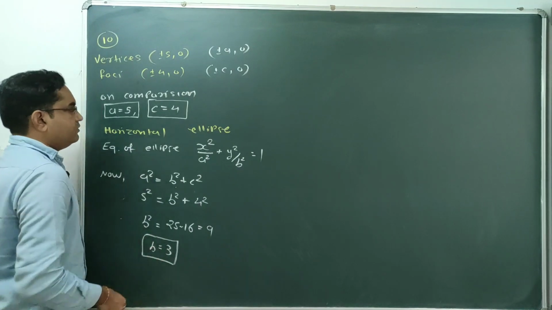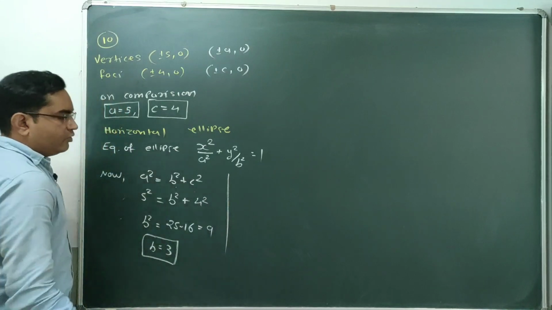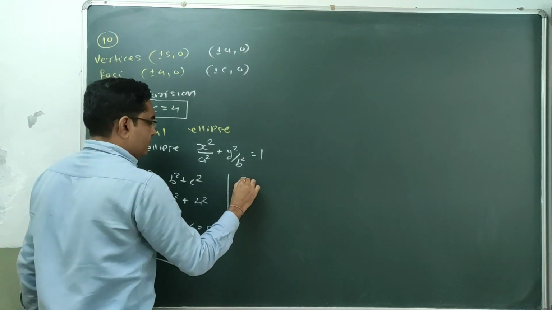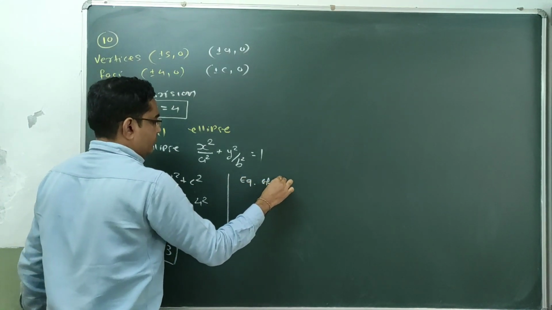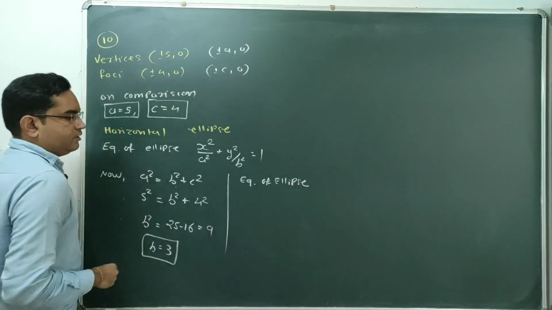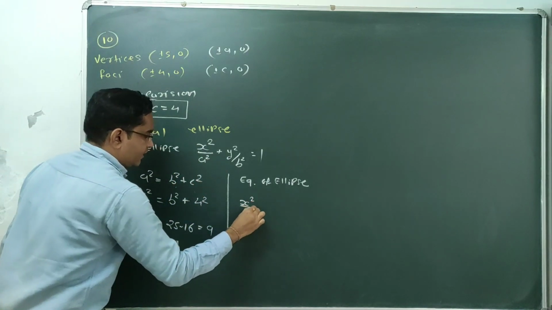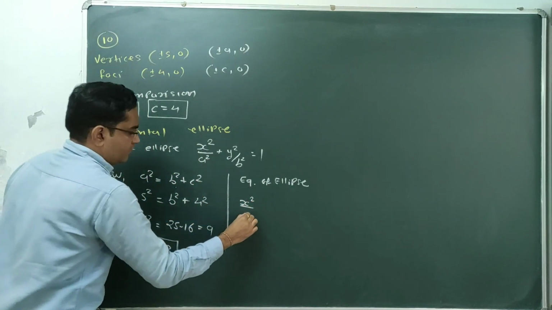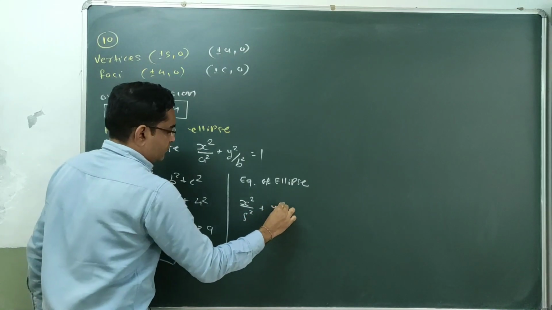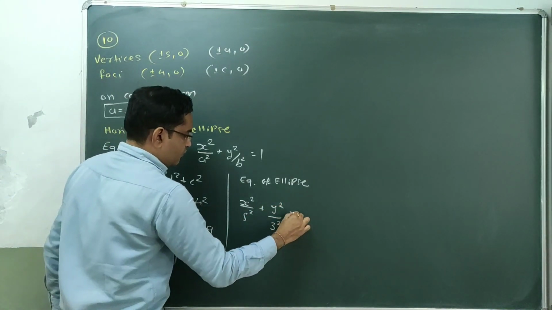So now b is 3, a is 5, and therefore we can write the equation of the required ellipse. Putting the values, x square by a square, 5 square, plus y square by b square, 3 square, equal to 1.